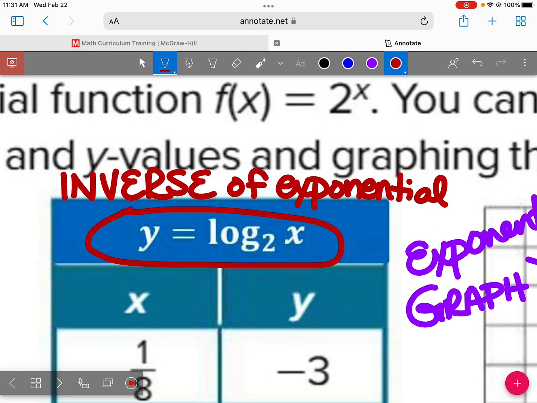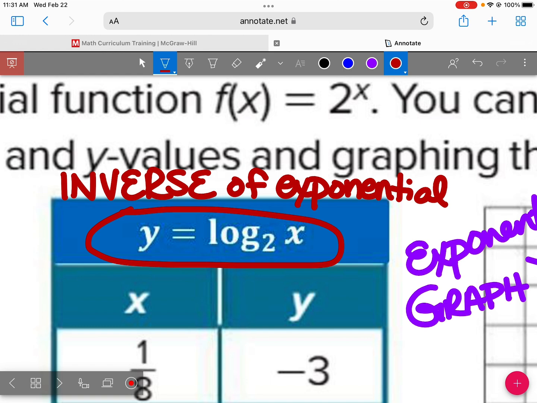I want you to look at the table for the exponential and tell me how you can use this table for the exponential to get the log table. How do you use this table right here to get the log table? You flip it.